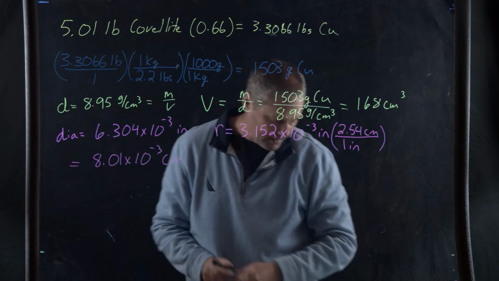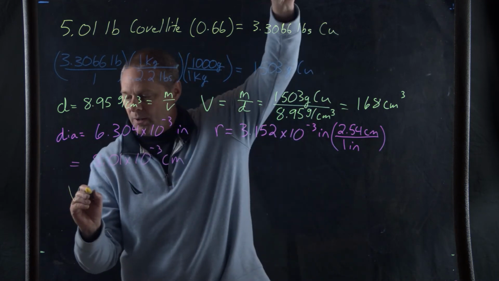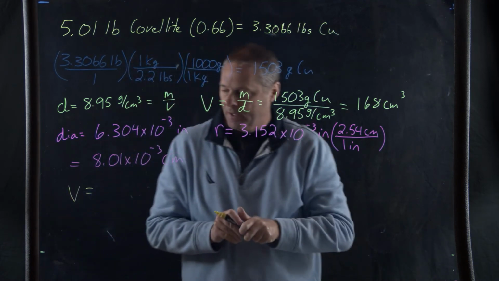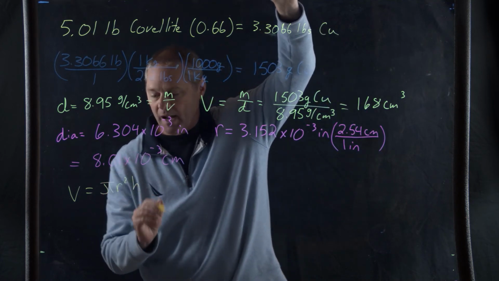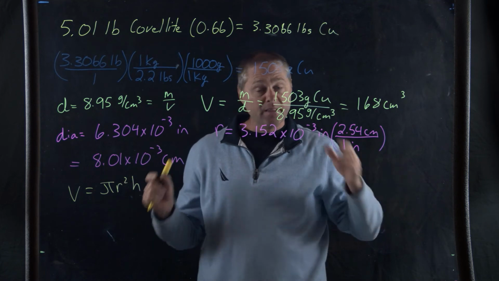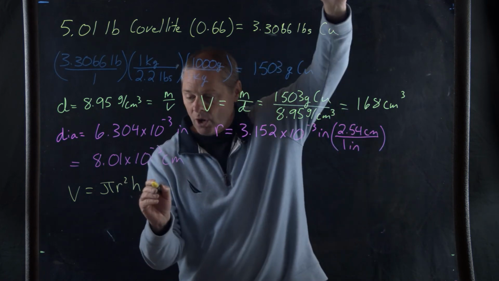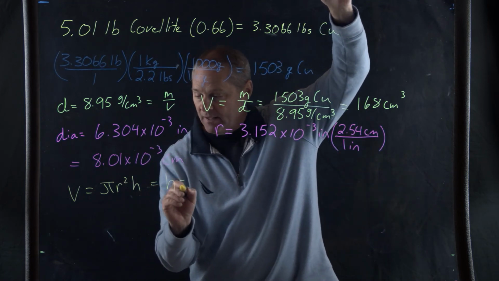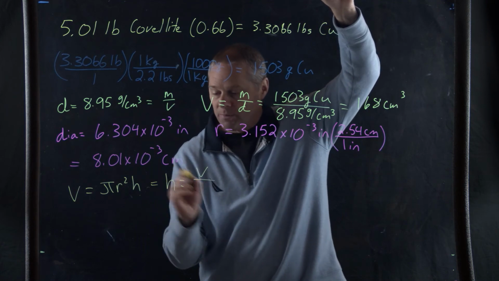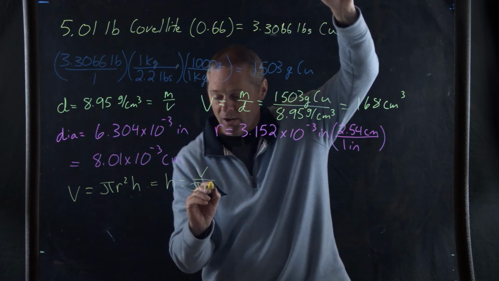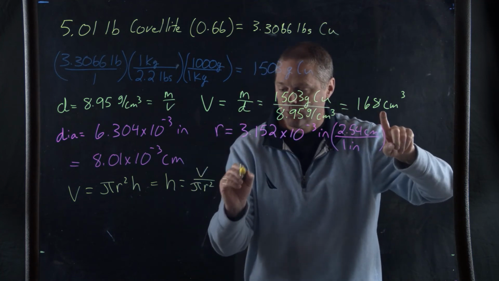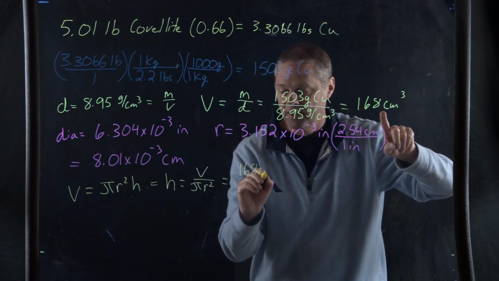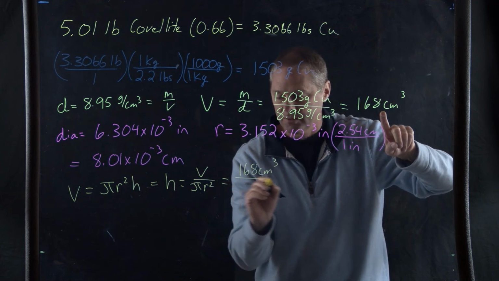Hold on. The volume of a cylinder is going to be pi r squared times the height. Now the height is going to be the length. We can solve this now for height is equal to the volume divided by pi r squared. The volume we have right here, which is 168 cubic centimeters.